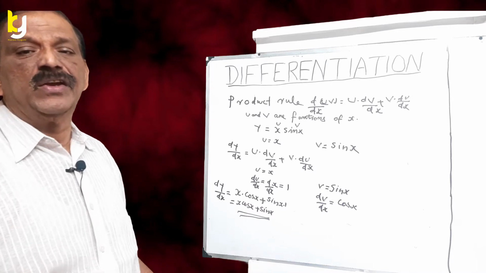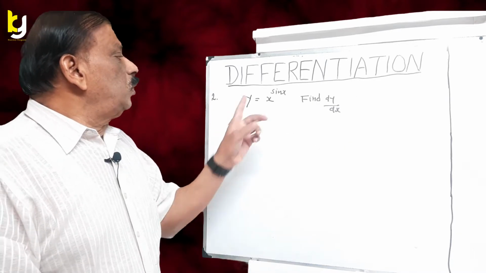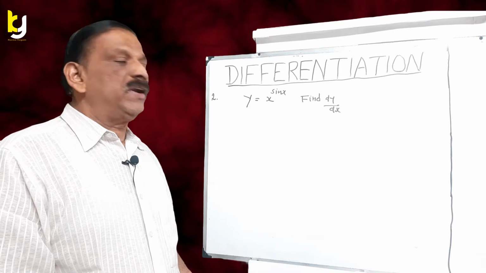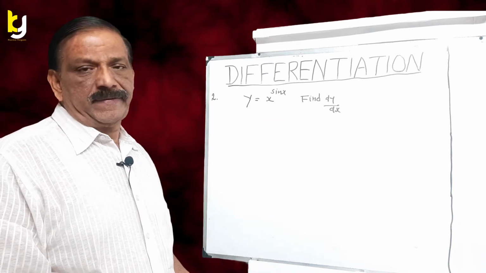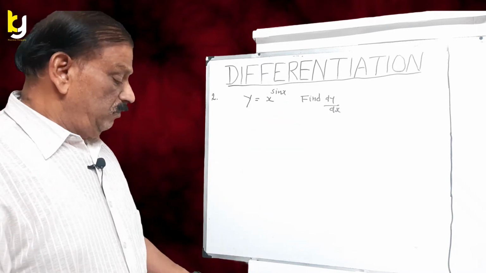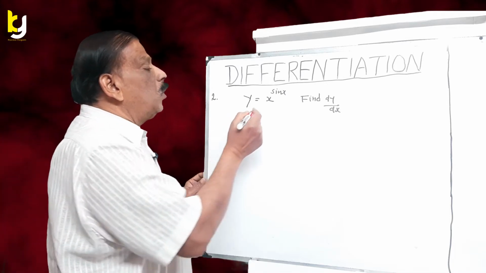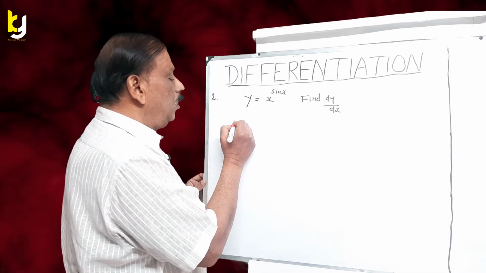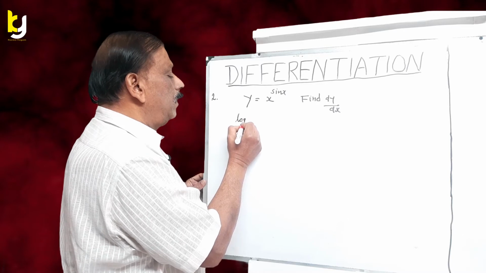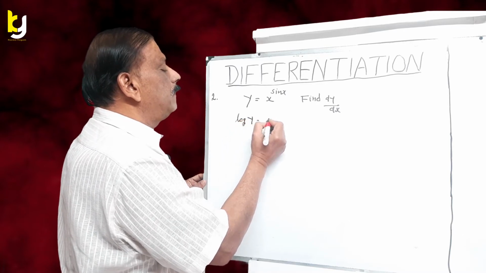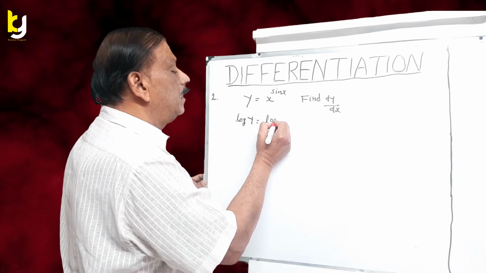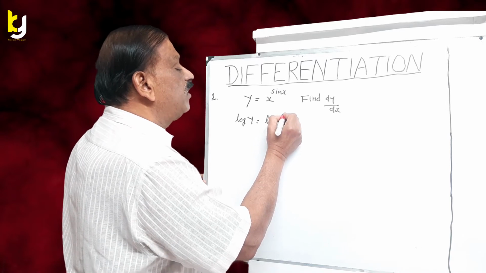Next question is, y equal to x to the power of sin x is given. Find dy by dx. So we must take logarithm on both sides. Log y equal to log x to the power of sin x.